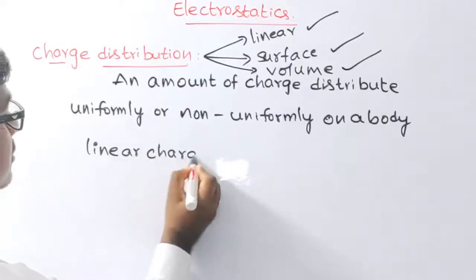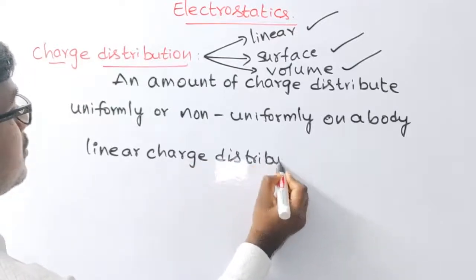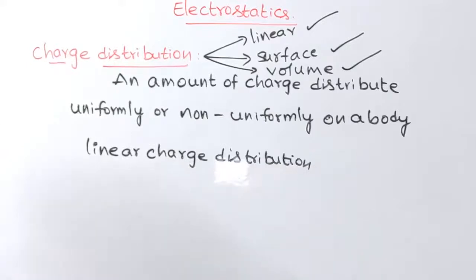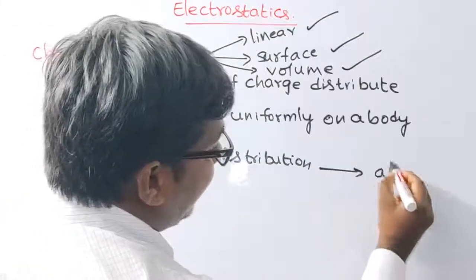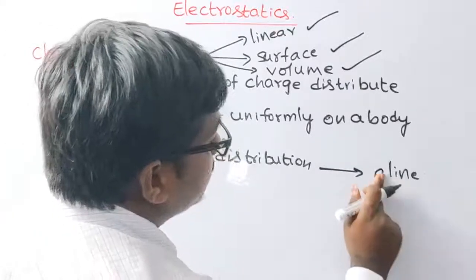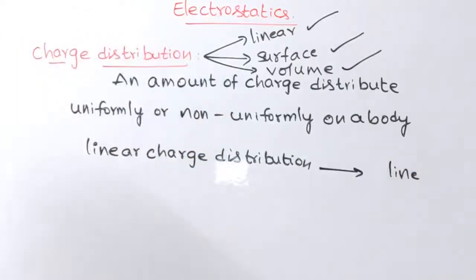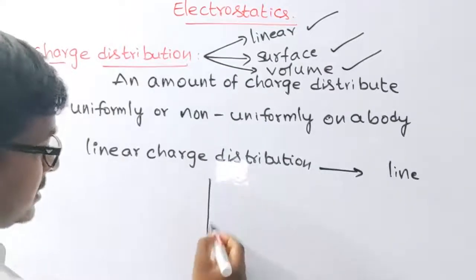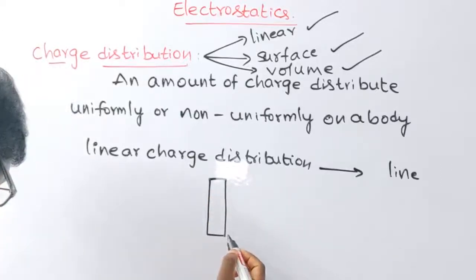In this linear charge distribution, the charge is on a line, charge on a line. For example, a charged straight wire, or a circular charged ring. This is the charged straight wire.